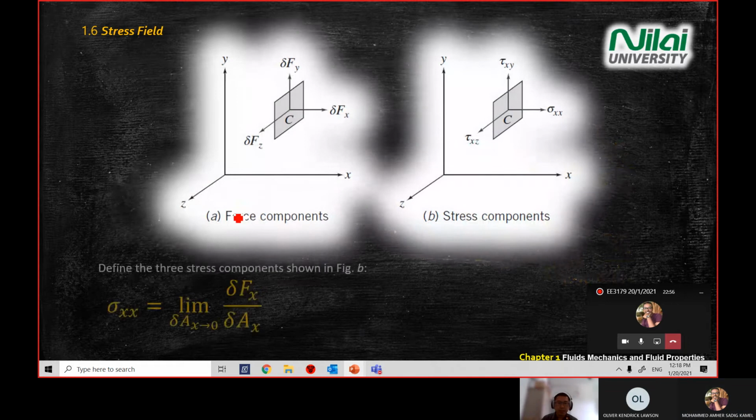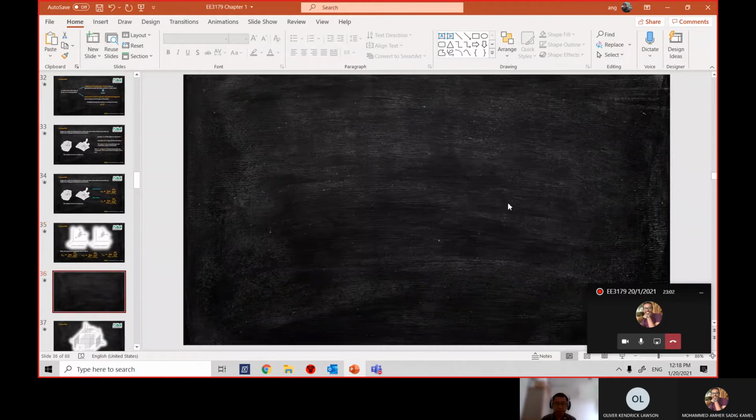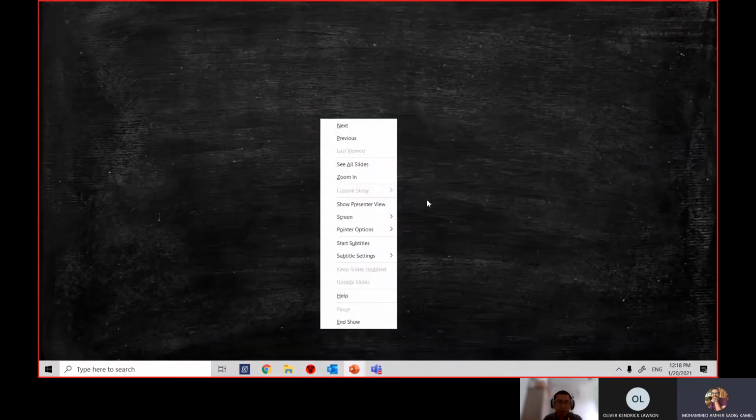Let me draw on the empty slide. Now we know that we have three axes: X, Y, Z. So if you talk about the x-axis, or someone says a particle is moving on the x plane, what does this statement mean?